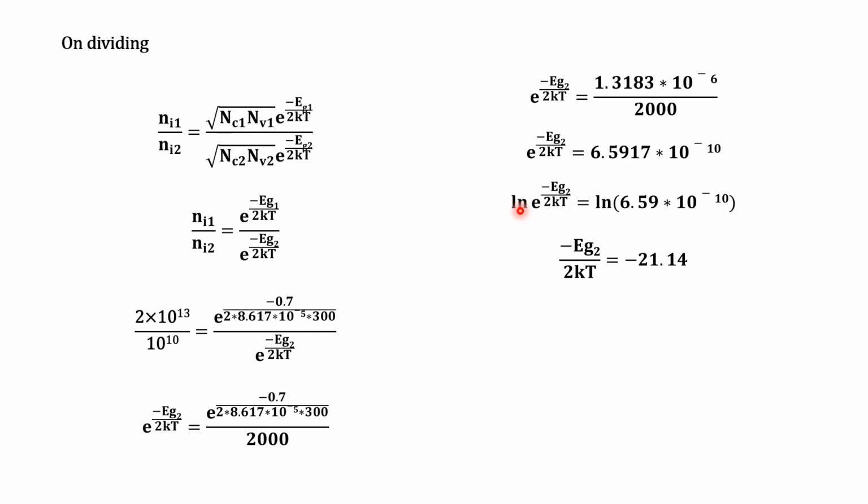And since we are taking ln on both sides, this becomes that constant alone, minus Eg by 2 times kT. And 2 times kT we already know. K is a constant, temperature is 300, and we will finally get the value of Eg2. Are you able to understand?